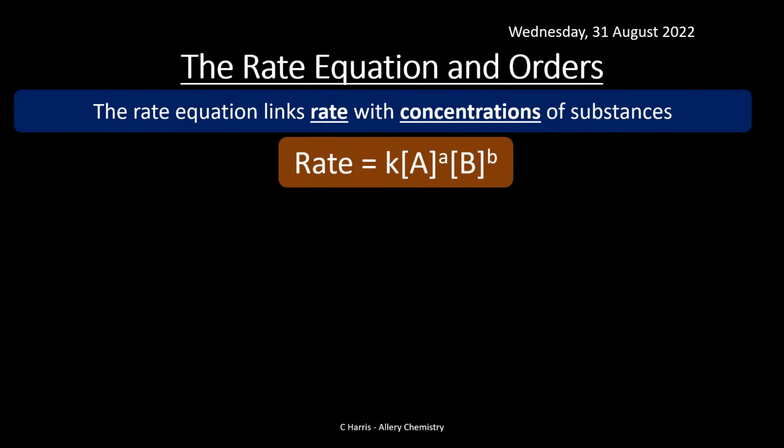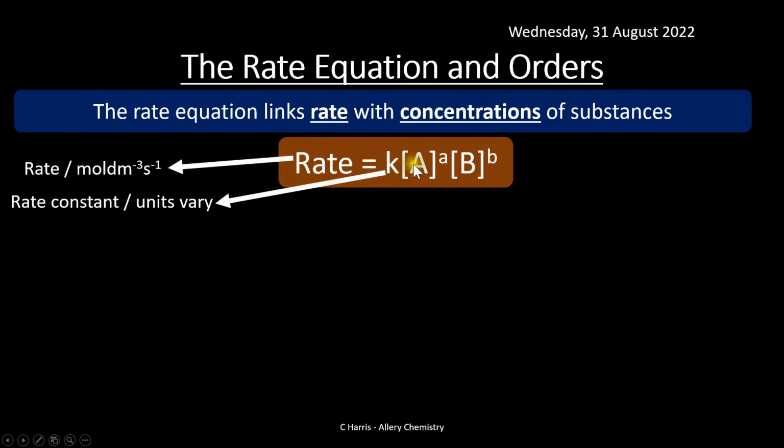So the rate equation is rate equals k, concentration of A to a power, and concentration of B to a power. You've got to remember this. We're going to see a lot of these, and we're going to look at loads of different reactions using this equation. Rate is in moles per decimetre cubed per second.